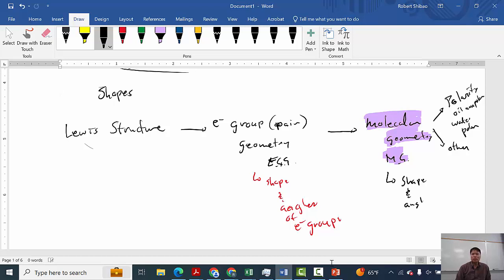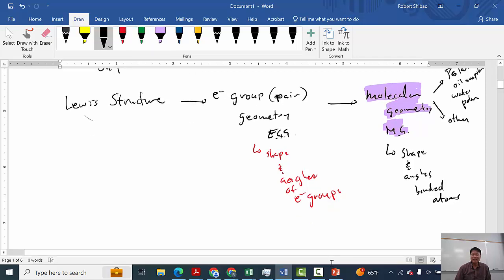From the MG, we get the shape and angles for the bonded atoms.